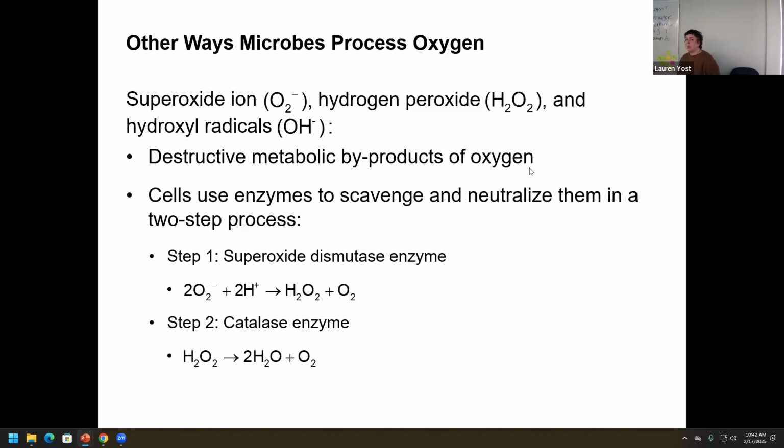Okay. So we absolutely are going to be learning more about this in the lab in the second part of the semester. So we're going to be doing tests on our organisms to see if they have catalase and things like that. So if I'm telling you that for hydrogen peroxide, there's an enzyme that can break it down, called catalase. Remember ACE enzymes, right? So catalase enzyme breaks down hydrogen peroxide into water and oxygen.